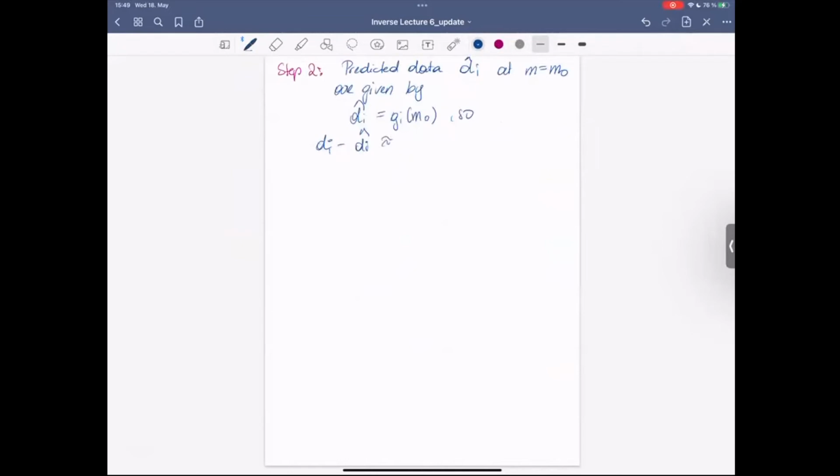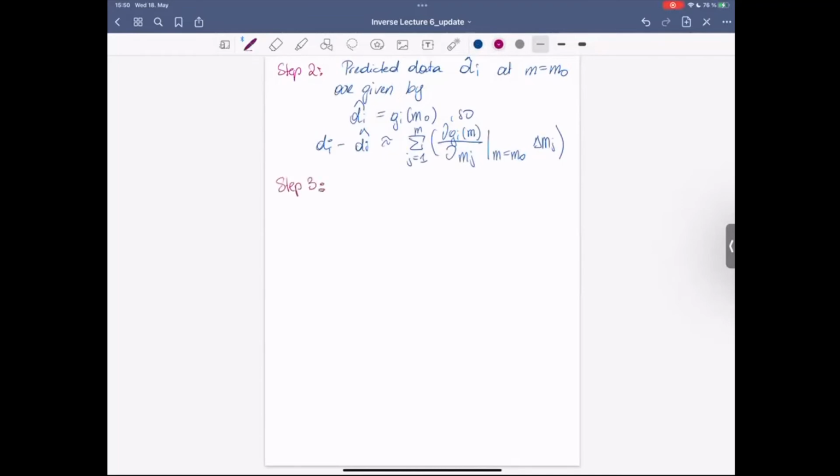And say this is approximately equal to the sum over j equals 1 to m of the first order derivative of gi of m with respect to mj evaluated at m equals m0 times delta mj. Okay.